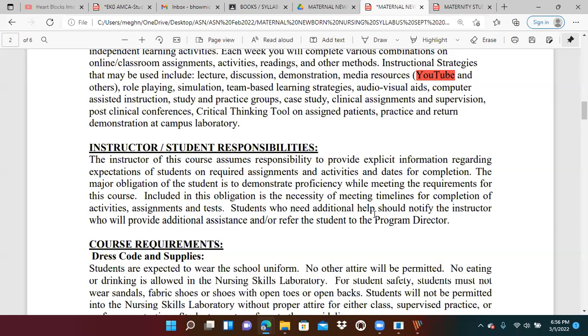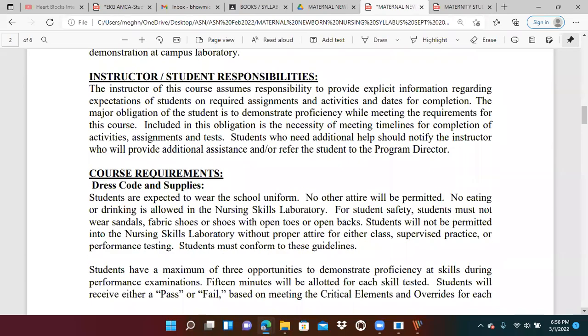We are always happy to help you, and you should notify the instructor, who will provide additional assistance. Also, students can directly contact the program directors.